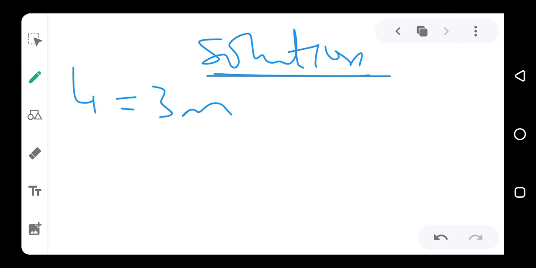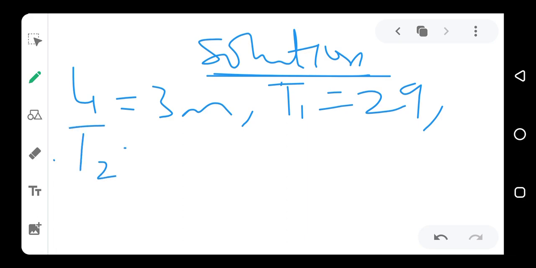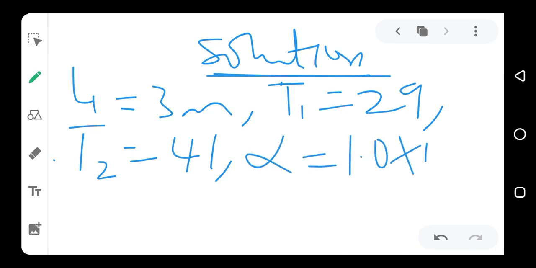So T1 is equal to 29, T2 is equal to 41, alpha is equal to 1.0 times 10 raised to power minus 5, and then we are looking for L2. That is the new length, the final length.